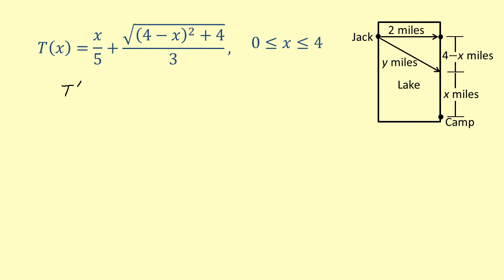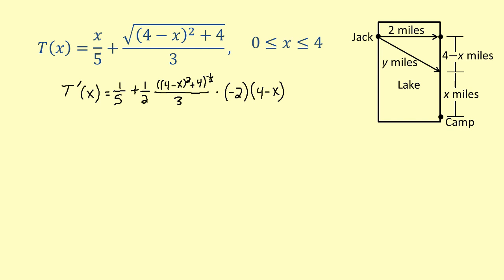The derivative of x over 5 is just 1/5. Then we have 1/2 times the quantity (4 minus x) squared plus 4, all to the negative 1/2, all over 3. Then from the chain rule, we must multiply this by negative 2 times the quantity 4 minus x.